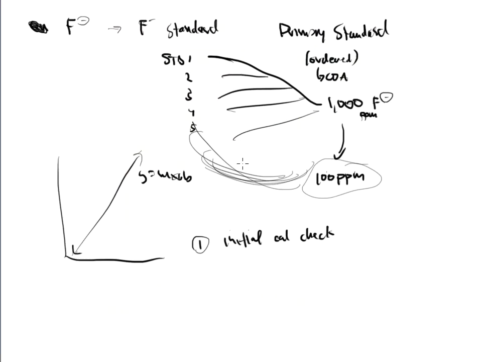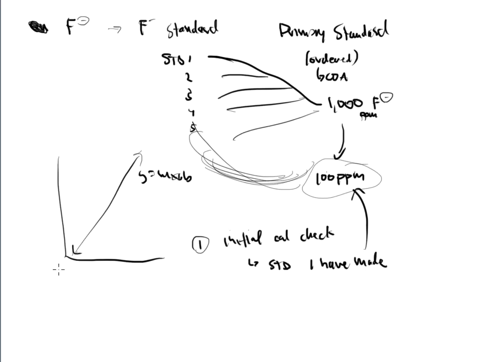Well, the initial calibration check is a standard that I have made. I've not really ordered it. Now, I could order it if it makes my job easier. I can order it and I can run those too, but most of the time they are made. They can be made from a standard and weakened down and diluted down. That's not a problem.